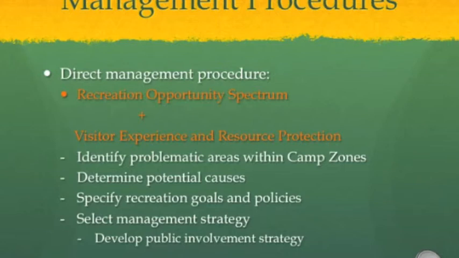Accordingly, management will handle conflict through a four-step process with ideas from the recreational opportunity spectrum. First, the problem must be identified within a specific zone. Once the zone and problem are known, potential causes must be determined. Next, management must specify recreational goals and policies, and communicate to the public potential problems and future solutions.